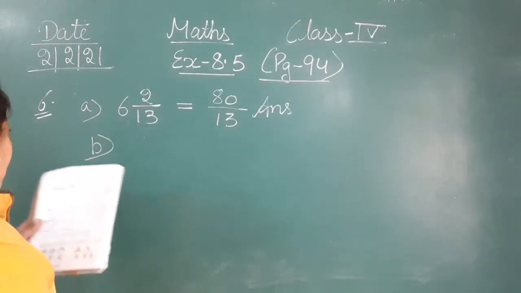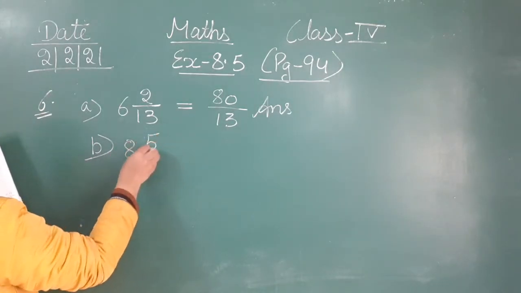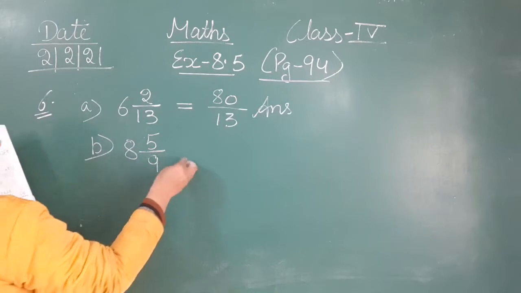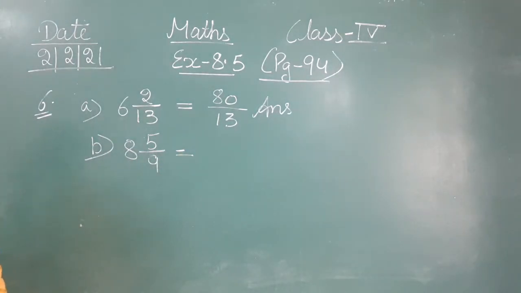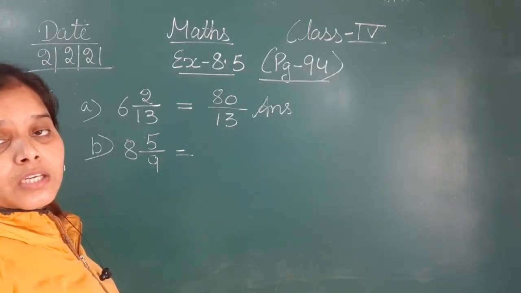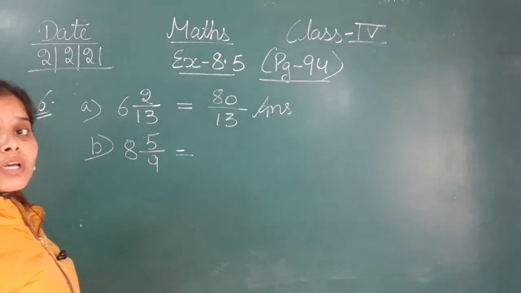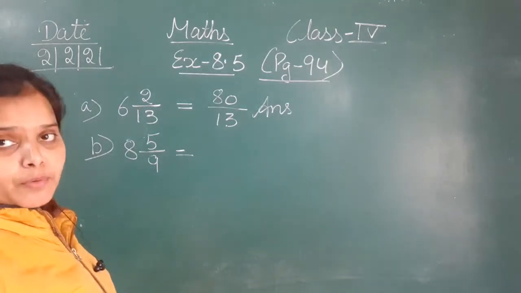So the B part is 8 and 5 upon 9. Now we have to convert this given mixed fraction into an improper fraction.